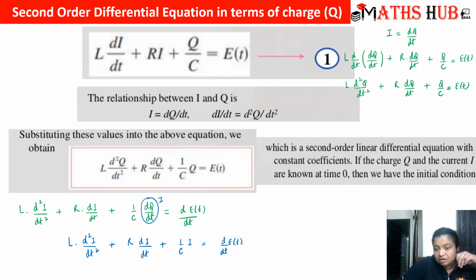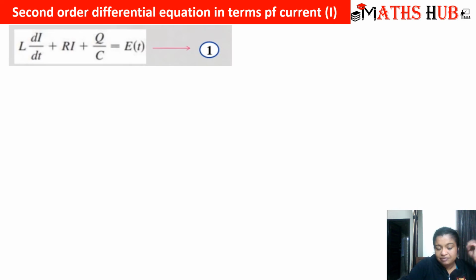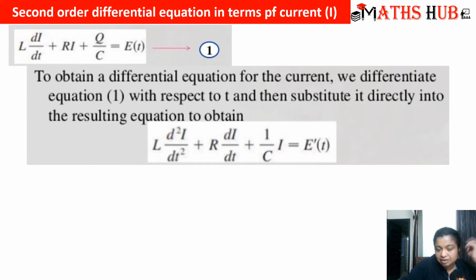So normally we solve the equation that is in terms of Q, because once Q is known, we can take its derivative and we can calculate I, right? So this is what the second slide is telling us. So here we have taken the derivative of this equation, and this is what we get.